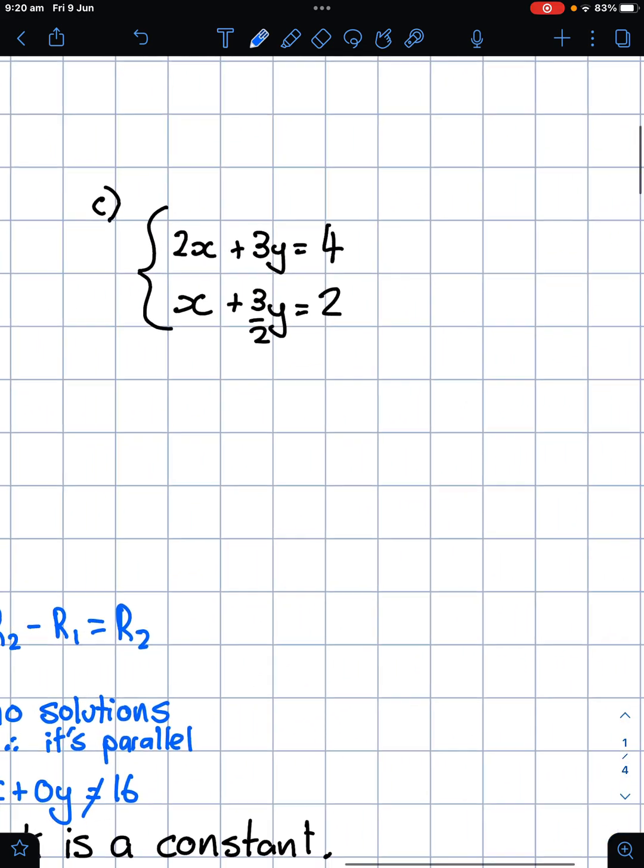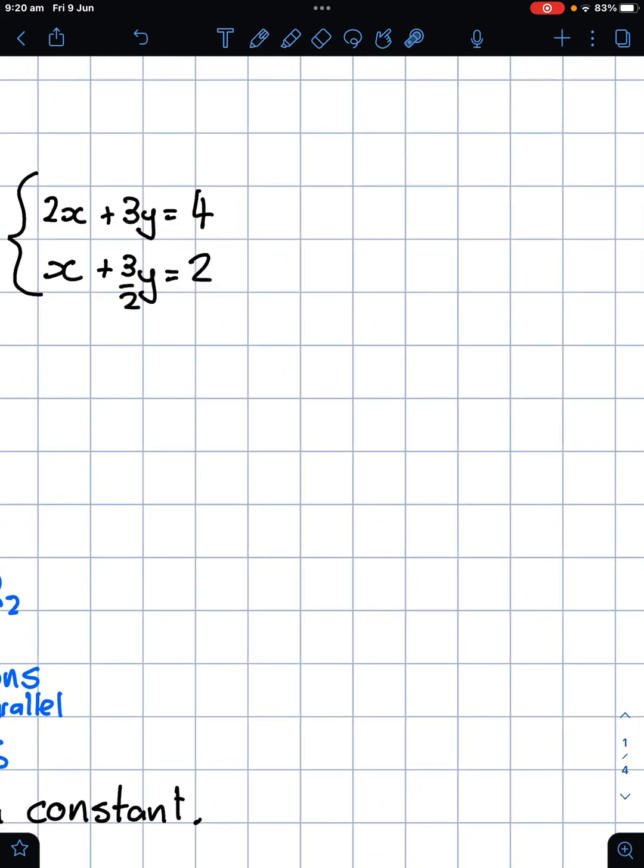Okay, this next one here we're looking at, I've picked this because this is how a lot of the time we see it. These are actually the same line, and we would notice that here. So we would do our augmented matrix, and we've got 2, 3, and 4. And then we've got 1, 3 on 2, and 2.